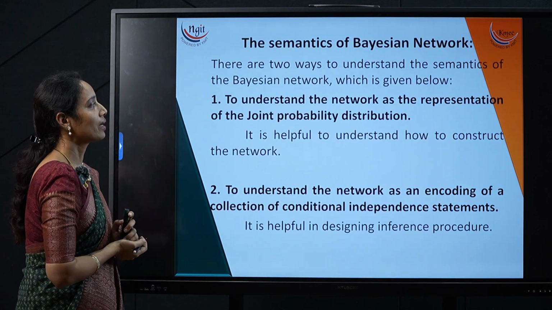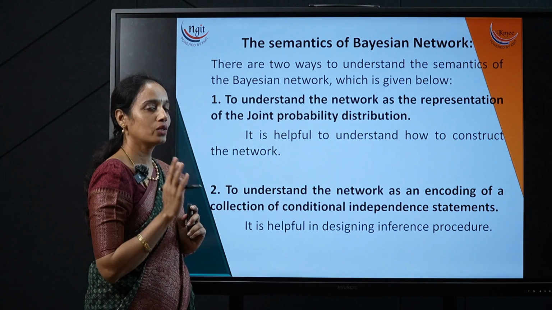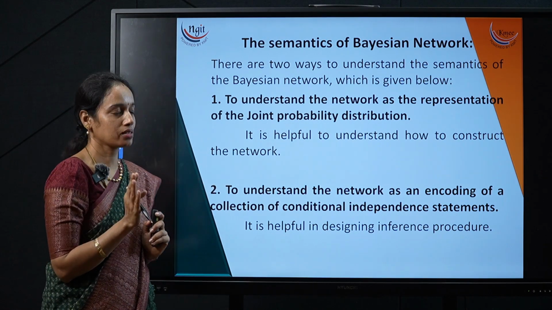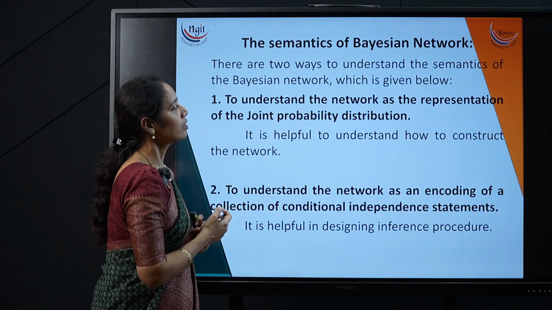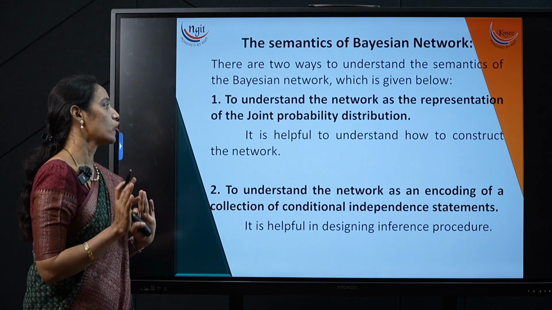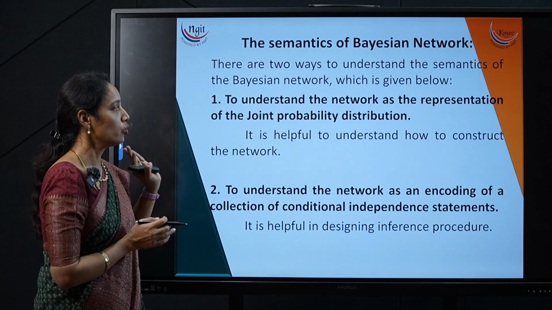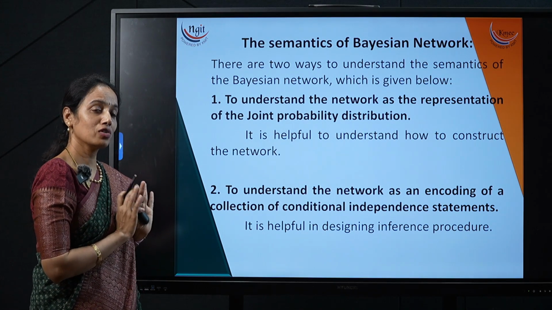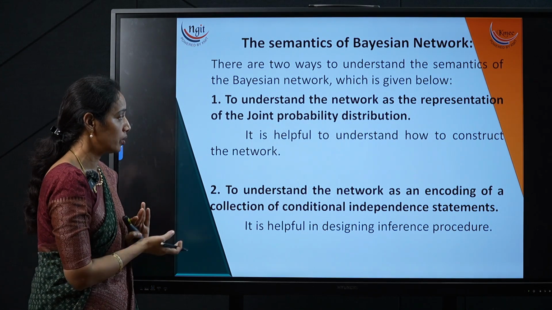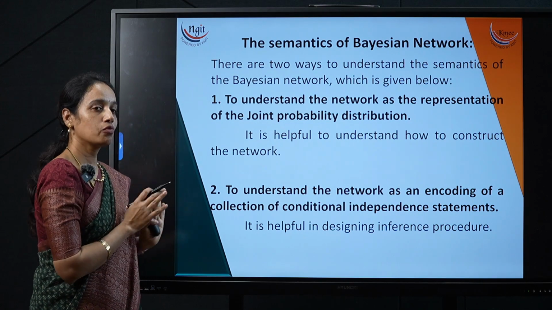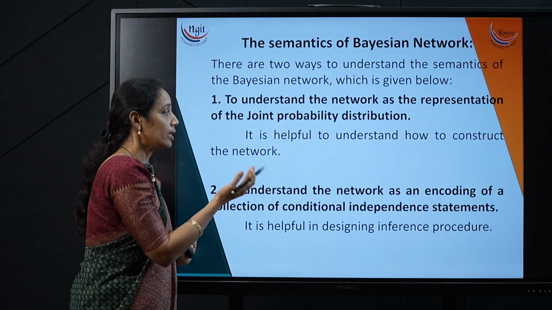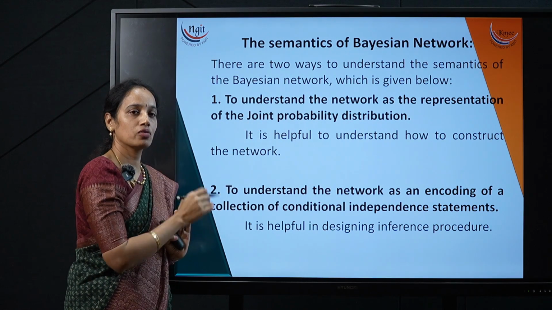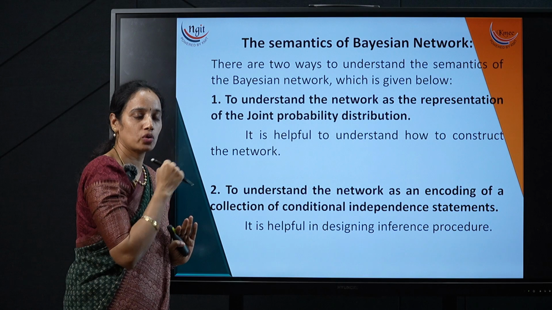Coming to the semantics of the Bayesian network, there are two ways to understand the semantics of a Bayesian network model. The first is to understand the network as a representation of the joint probability distribution. To understand what a Bayesian network is, first we should be very clear about the joint probability distribution, because it helps us understand how to construct the network.